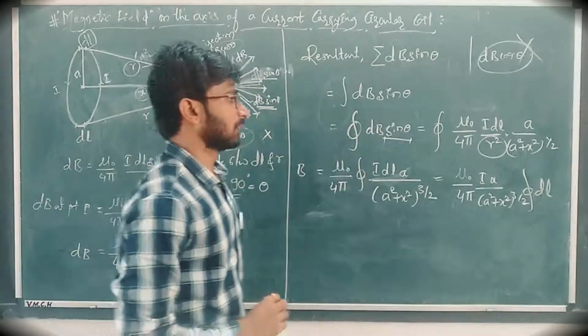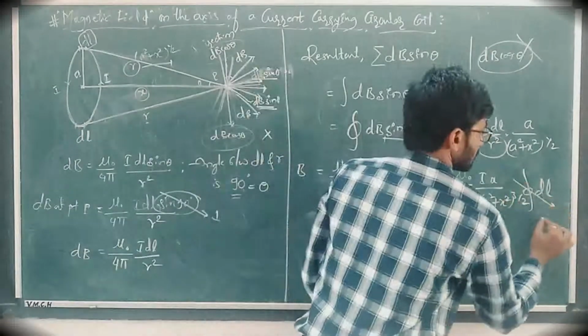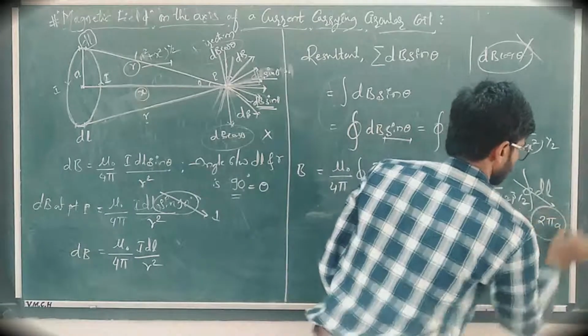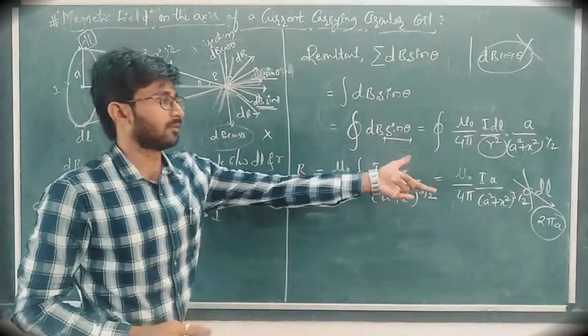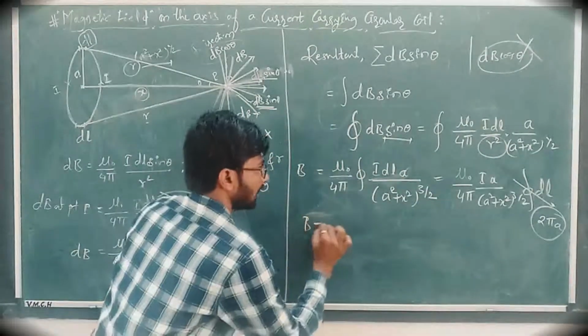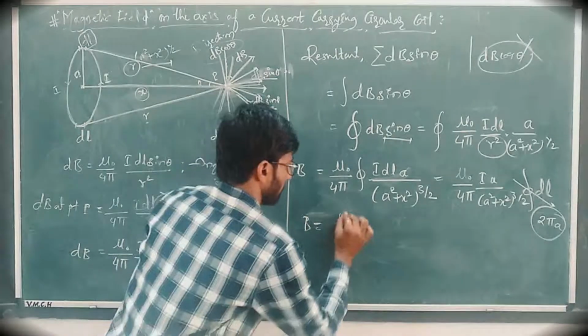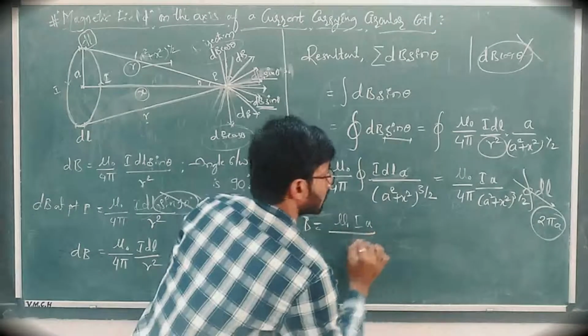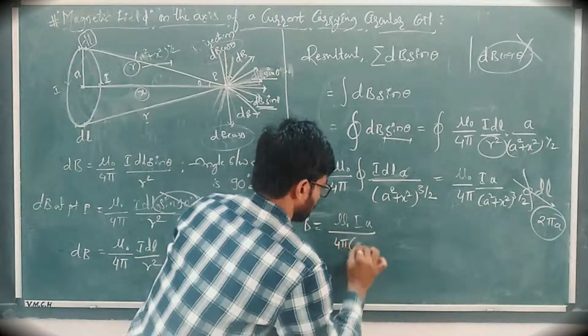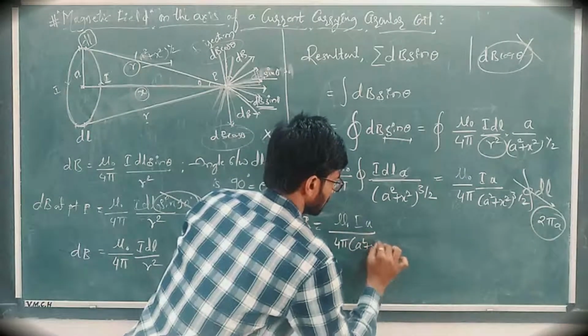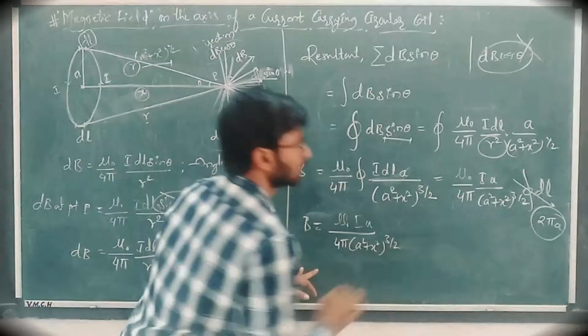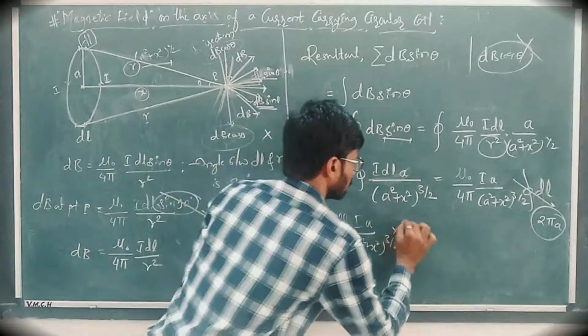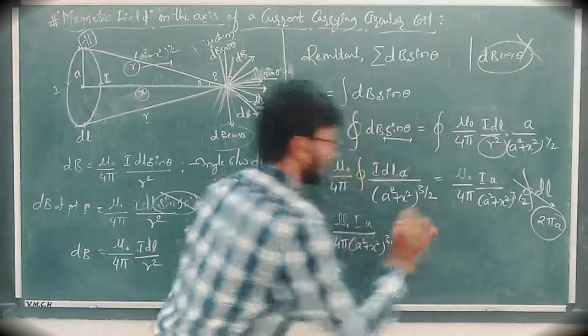Now I can write this integral as 2 pi a, is that right? And from that, B equals mu naught I a by 4 pi, a square plus x square to the power 3 by 2, into 2 pi a.